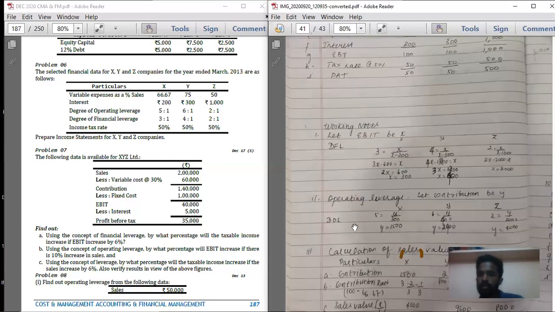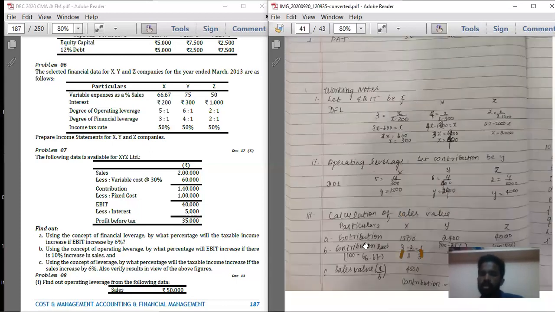So now moving on to the working notes. Below that, small Roman number 2, operating leverage. Underline it.